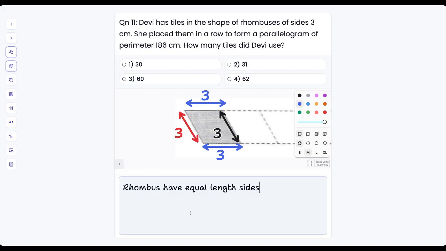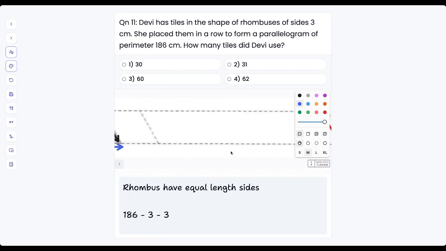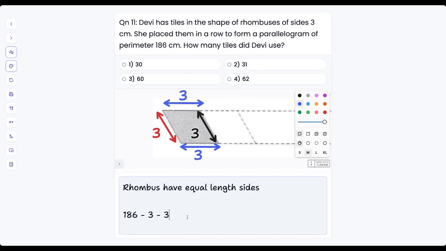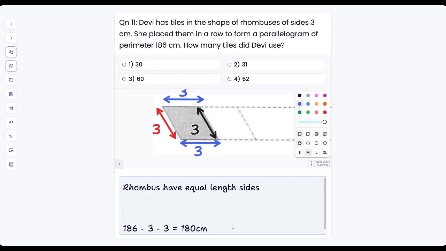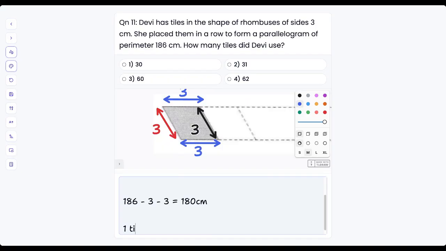So we can minus 186 minus the 3 and 3, from left to right, and this will be equal to 180 centimeters. So now we know that with this tile, one tile is equal to 3 plus 3, which is equal to 6 centimeters.